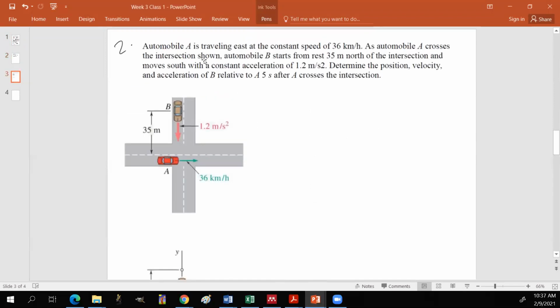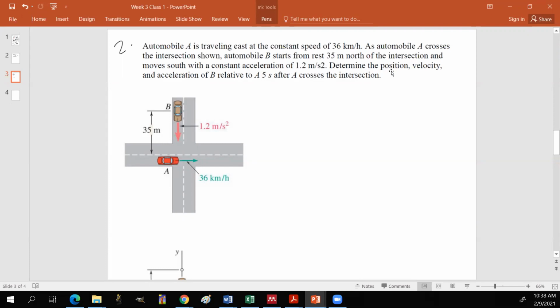So we've got an automobile A, which is traveling east at a constant speed of 36 kilometers per hour. As automobile A is crossing the intersection, you have an automobile B, which starts from rest 35 meters above the intersection and moves south with a constant acceleration of 1.2 meters per second squared.